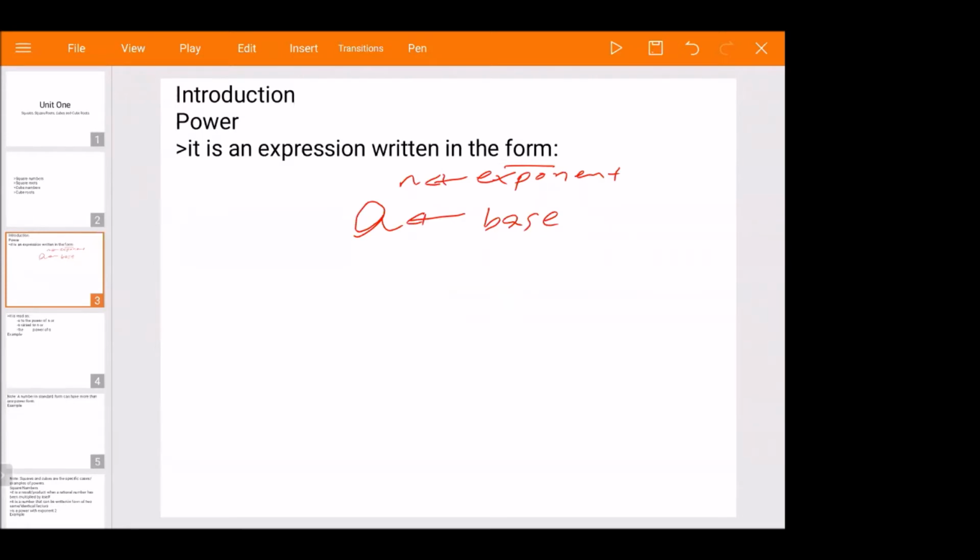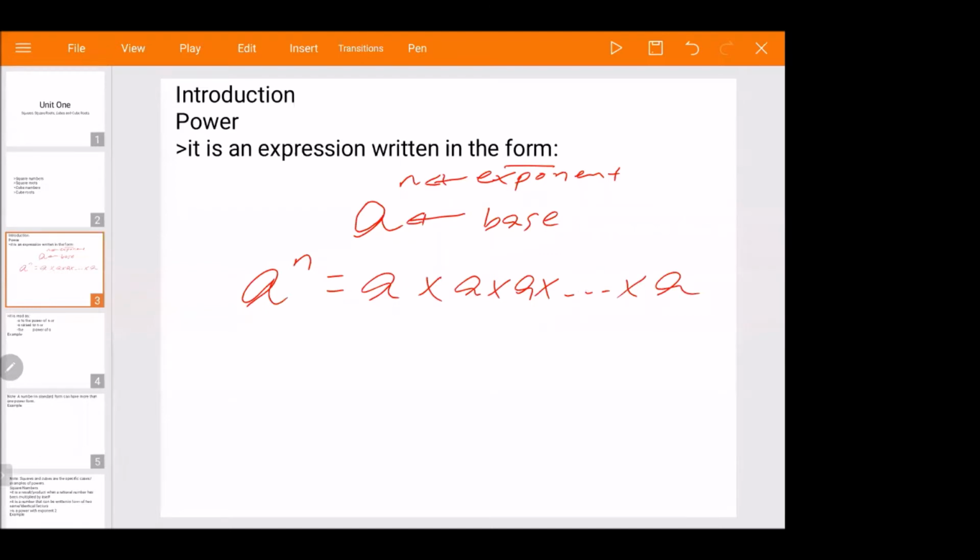When we define what this expression means, the exponent shows how many times we multiply the base. So the power expression we can define as a times a times a up to n times.